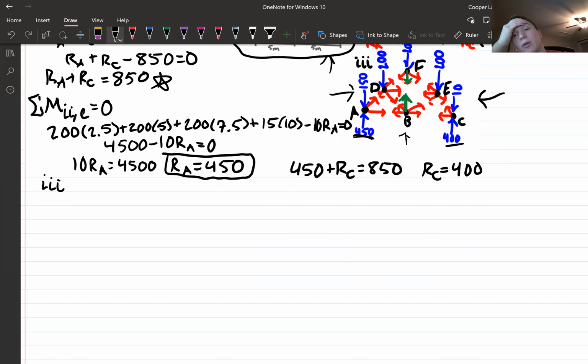For instance, if you look here at A, we only have 2 unknowns. If you look at D, we have 4 unknowns. If you look at F, we have 3 unknowns. And if you look at B, we have 5 unknowns. So therefore, it only makes sense really to choose r sub a or r sub c, because we want to try to get rid of our unknowns to solve for BF.